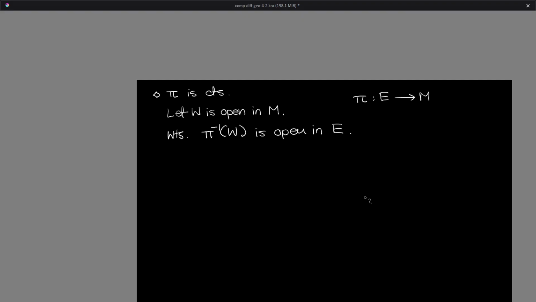So first of all, let W be open in M. So W is just a set, and we're thinking of W as being an open set in M. We want to show that pi inverse of W is open in E, right? Because pi is a function that goes from E to M, so its domain is in E.